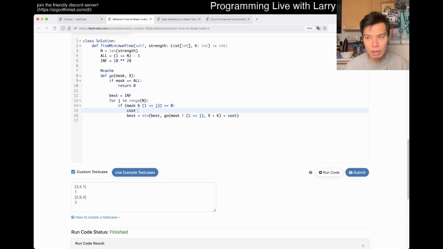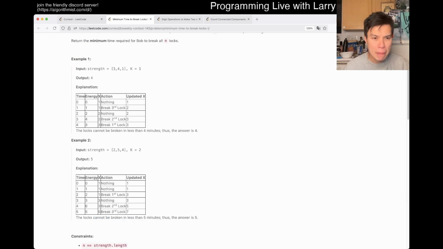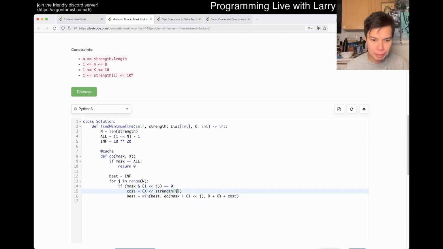What is the cost? Cost is the time that it takes. So you have x, and then it's going to equal x divided by strength of j, but round up, right? Is that it?